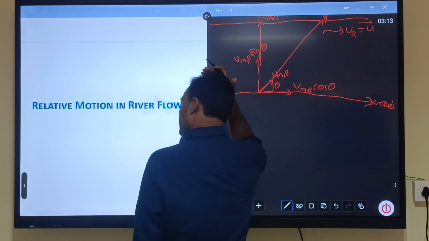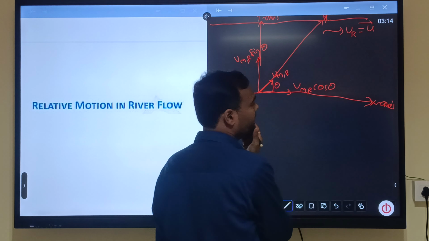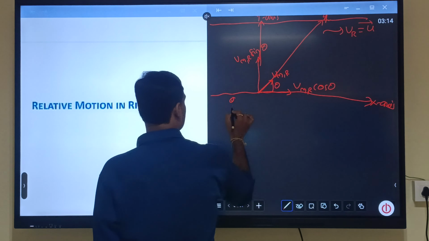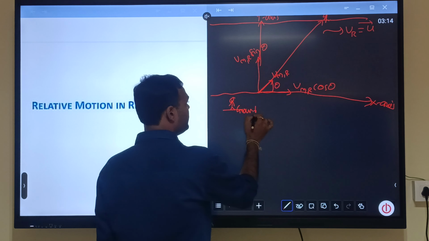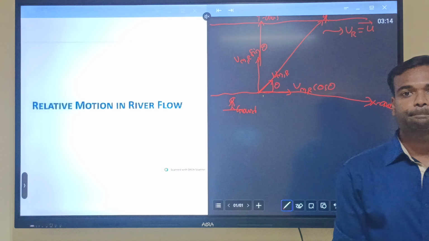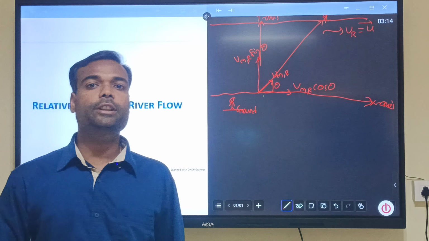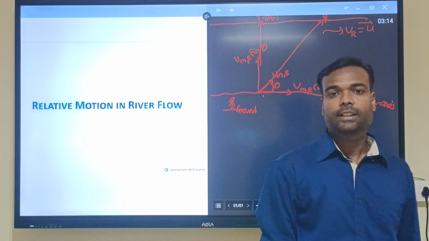Now the next point is, we need to find with what velocity he has traveled. Suppose a person is present on the ground, observing that the candidate is moving like this with the flow of the river. Then what will be the velocity of man with respect to the ground, with respect to this observer, which we are going to find.